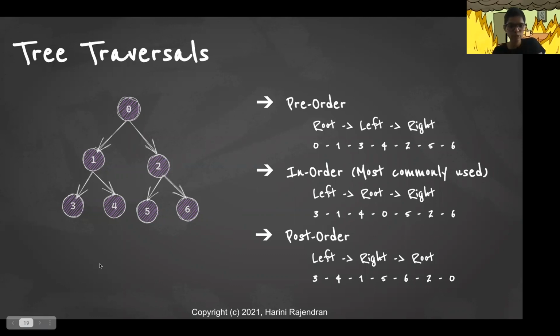So that is the post-order traversal. Left, right, and then finally the root. So these are some of the different kinds of tree traversals based on the order in which we process the root element, the left subtrees, and the right subtrees.